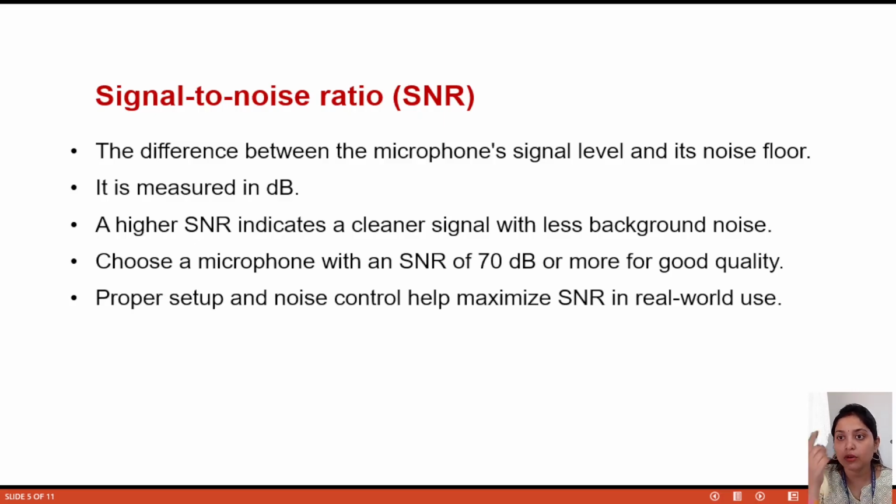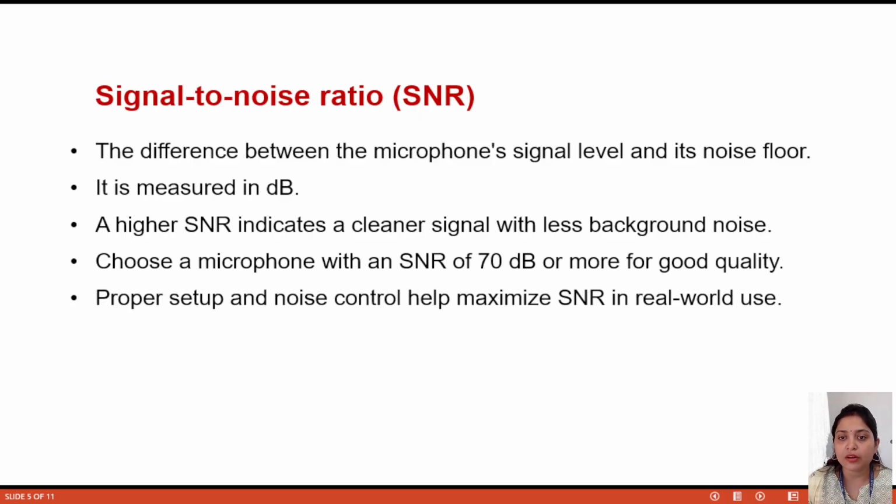If the noise level is very high, then we will not get a proper signal. It is measured in dB. A higher SNR indicates a clear signal with less background noise. Choose a microphone with an SNR of 70 dB or more for good quality.